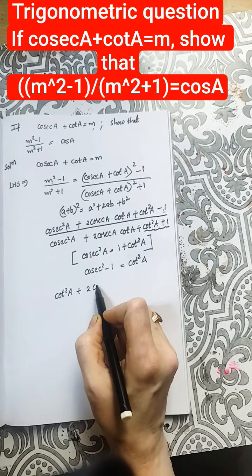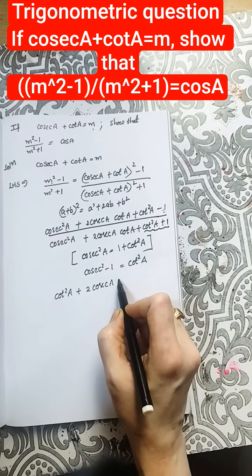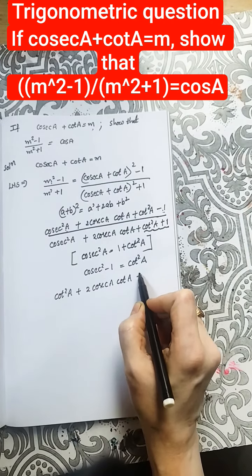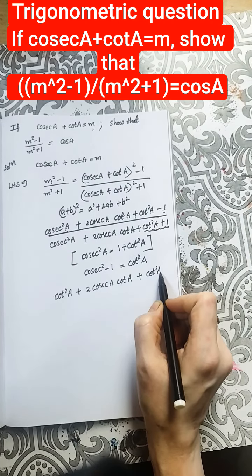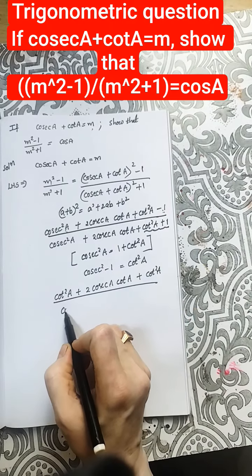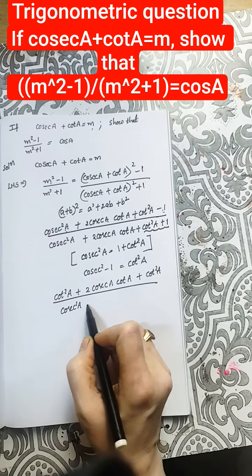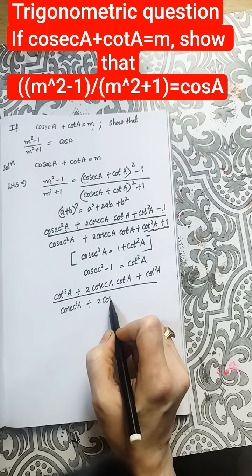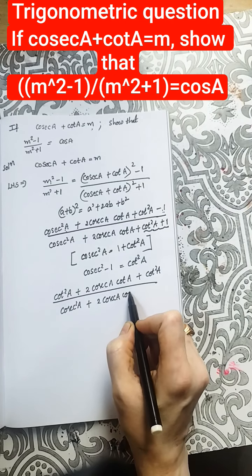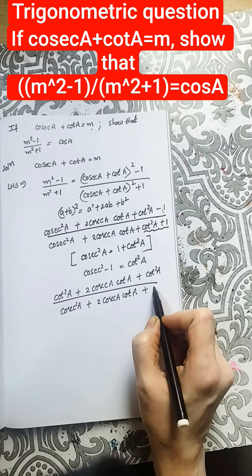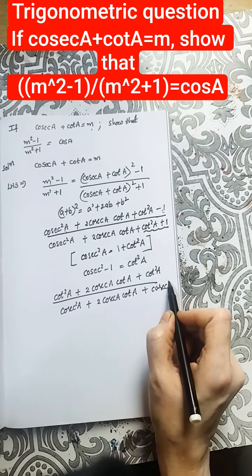Remaining as it is, 2 cosecant A cot square A by cosecant square A plus cosecant square A here.